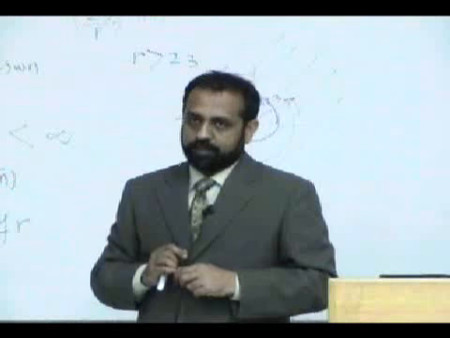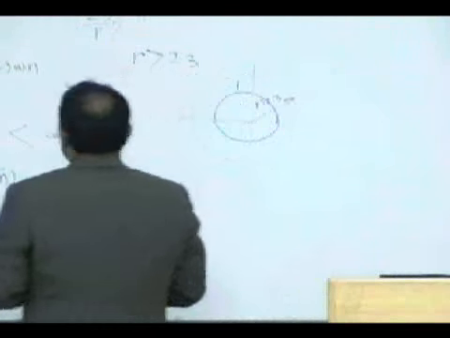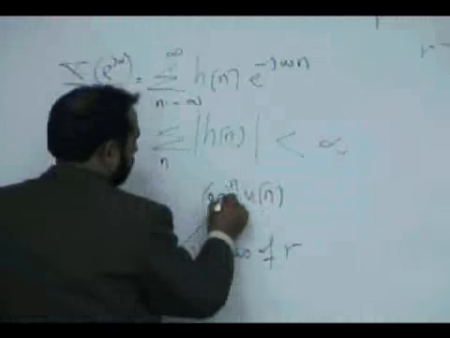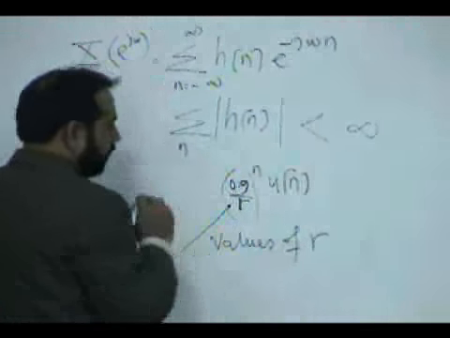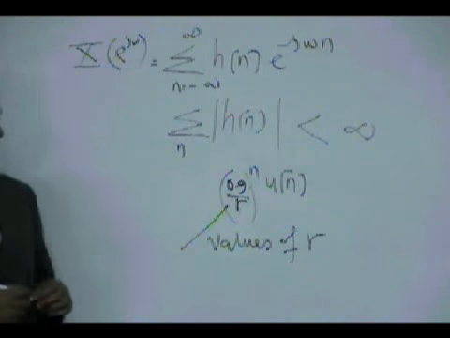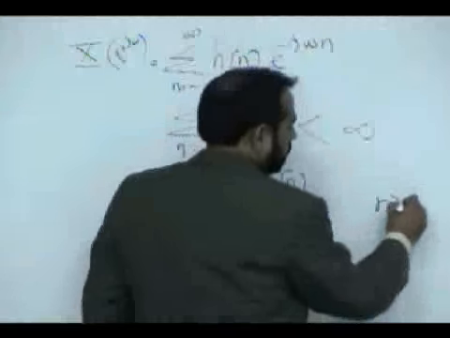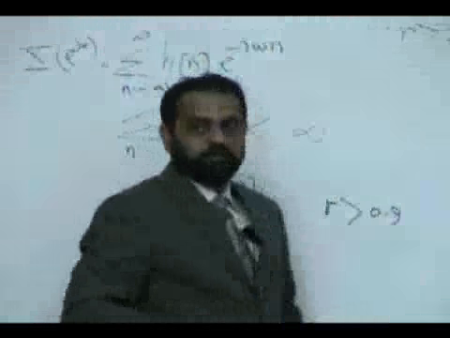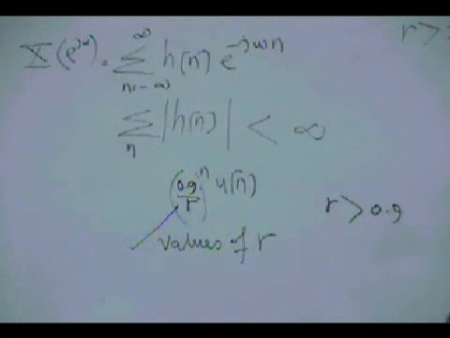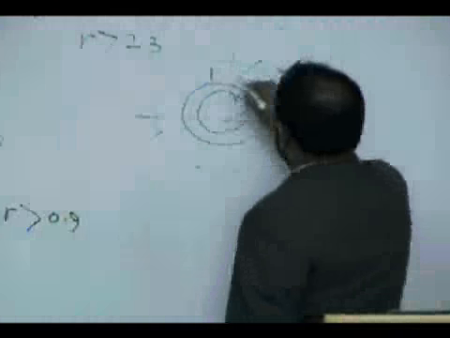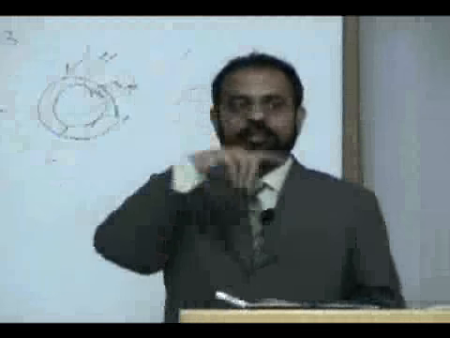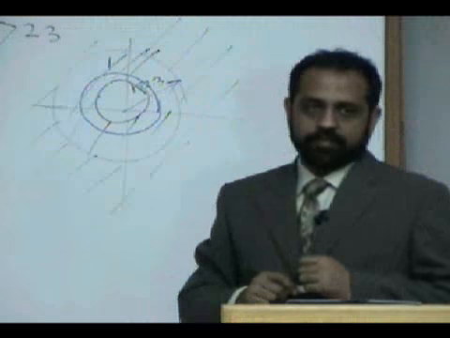So coming back, if I say that this A is 0.9 and this is R, what values of R will make the system converge? R greater than 0.9 will make it converge. This is stable because 0.9 is here, and we say it is stable because now the blue circle is inside the region of convergence.